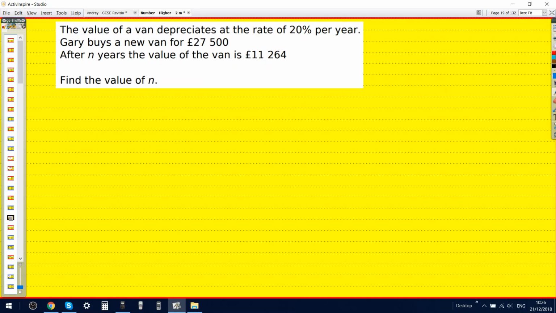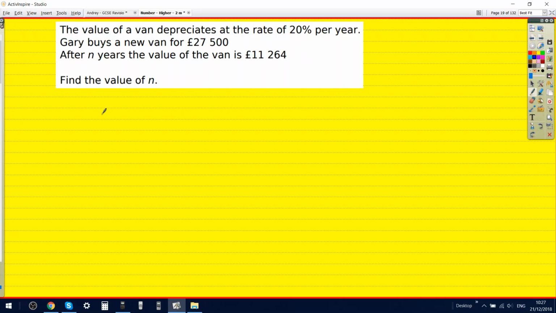How would you do this one? What's the working out? So is it 27,500 times?